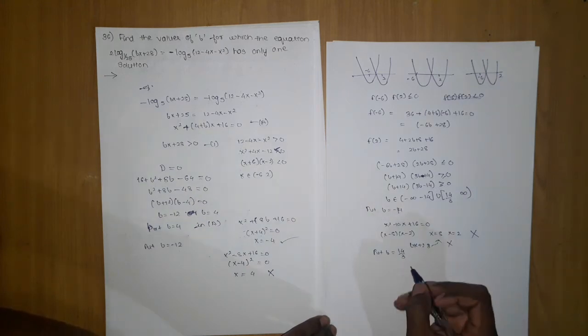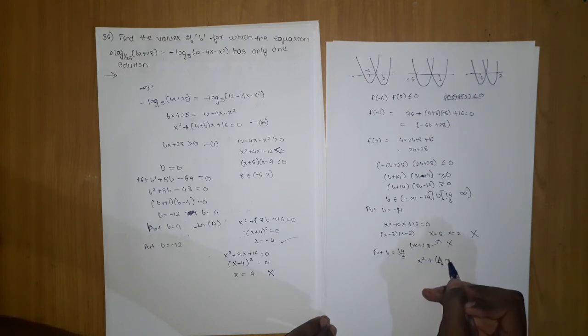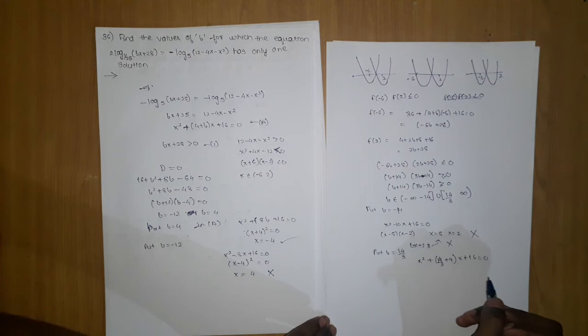When we put b equal to 14 by 3, we get x square plus (14 by 3 plus 4) into x plus 16 equal to 0.